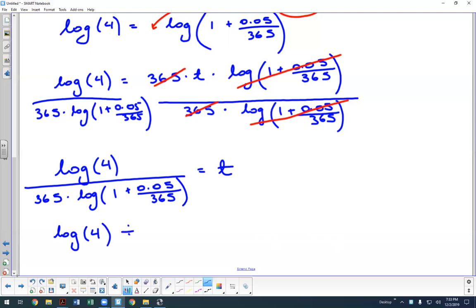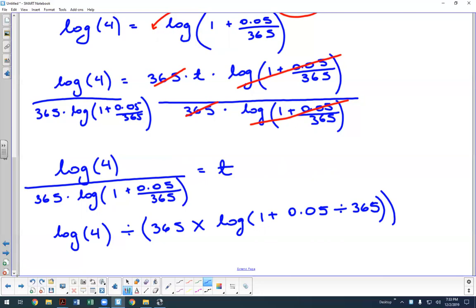Then divide by, since there are 2 terms in our denominator, again, open parentheses, 365 times log, and again, if it automatically opens parentheses for you, that would be great. If not, open one for yourself. And then 1 plus 0.05 divided by 365. We're closing one parentheses for the log and one parentheses for this one right before the 365. So you should be closing 2 parentheses at the end.